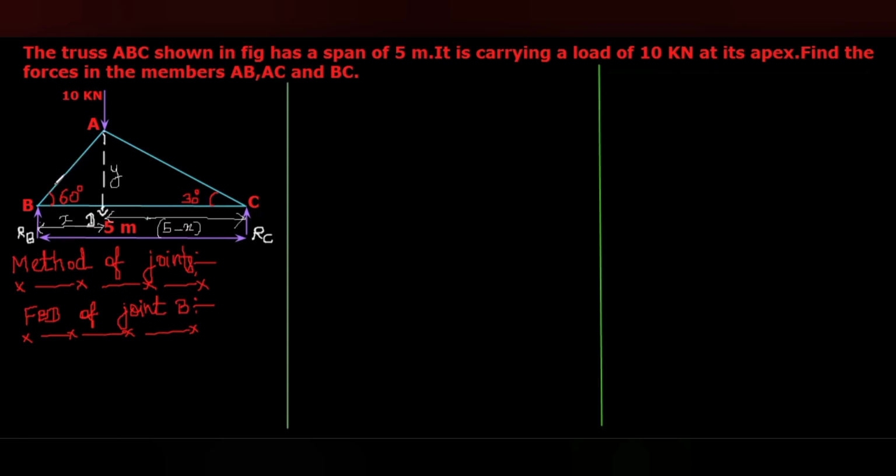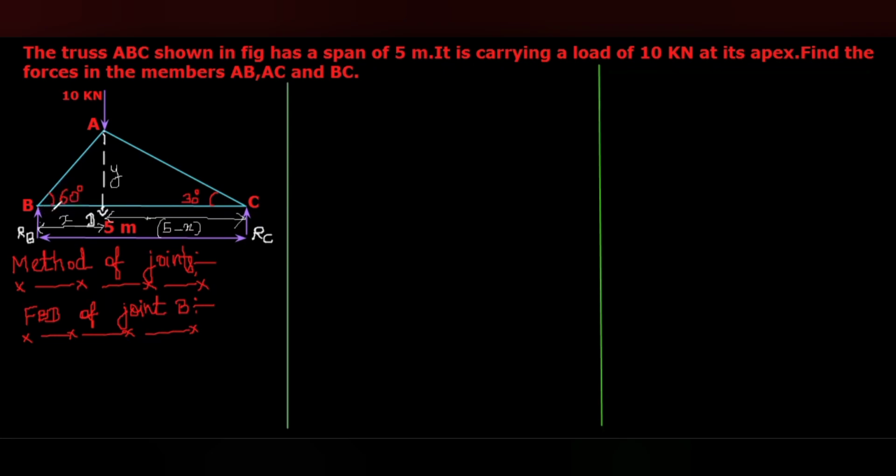The tension in the member AB is acting at an angle 60 degree with respect to the horizontal, but this is acting either outwards from the point B or inwards to the point B. That we don't know, that we have to calculate, the magnitude and also the direction.